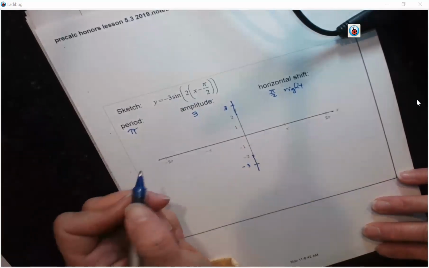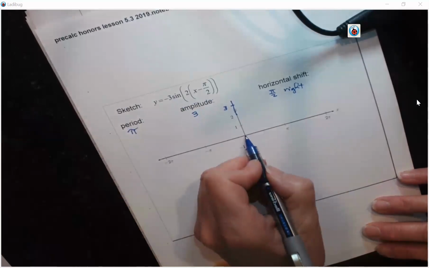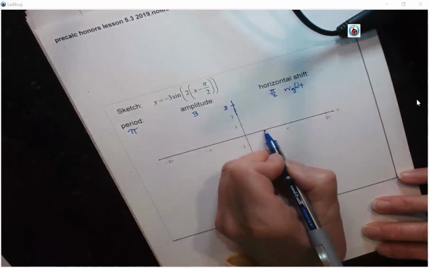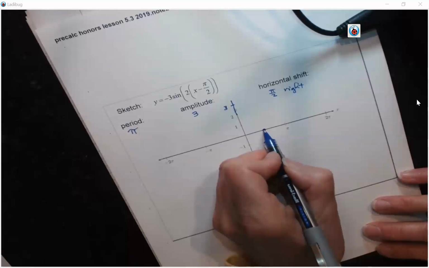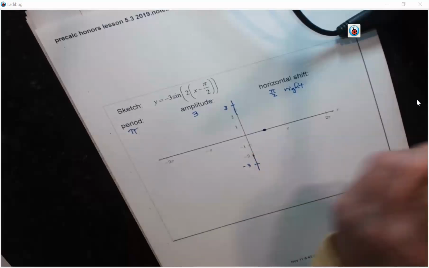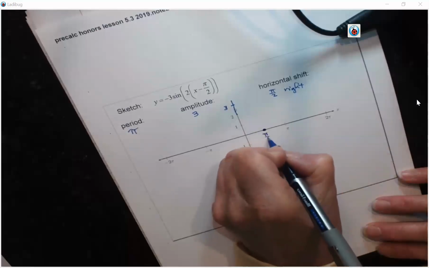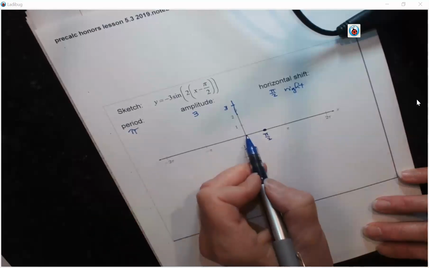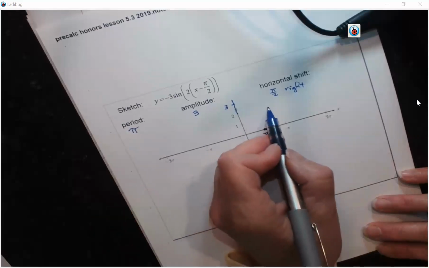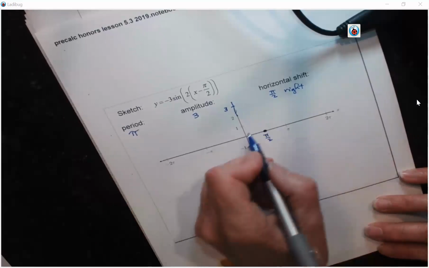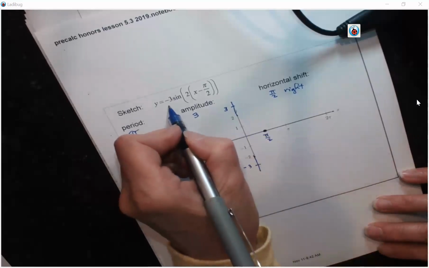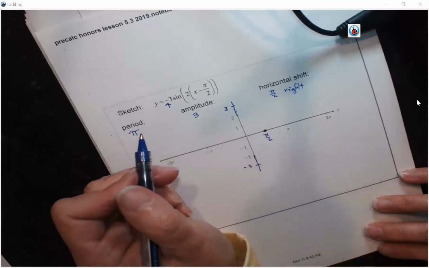So the regular sine graph goes right through the origin. So if I'm going pi over 2 to the right, I'm going to have to shift that point by pi over 2 to the right. Remember that the original sine graph goes up before it goes down. Because we have a reflection there, that negative in front of the 3 gives us a reflection.